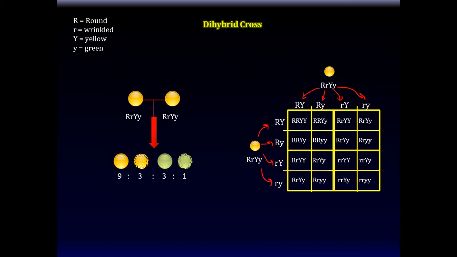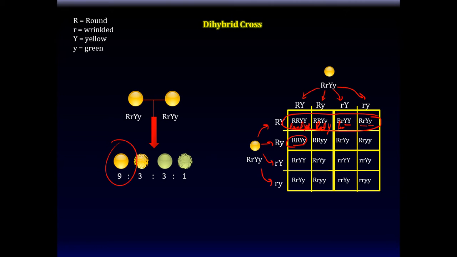This dominant gene will be round, and this would be yellow. This would be round yellow. All of these would be round yellow. That would be a phenotype, right? Round and yellow. As you can see, there'll be a lot of round yellows.